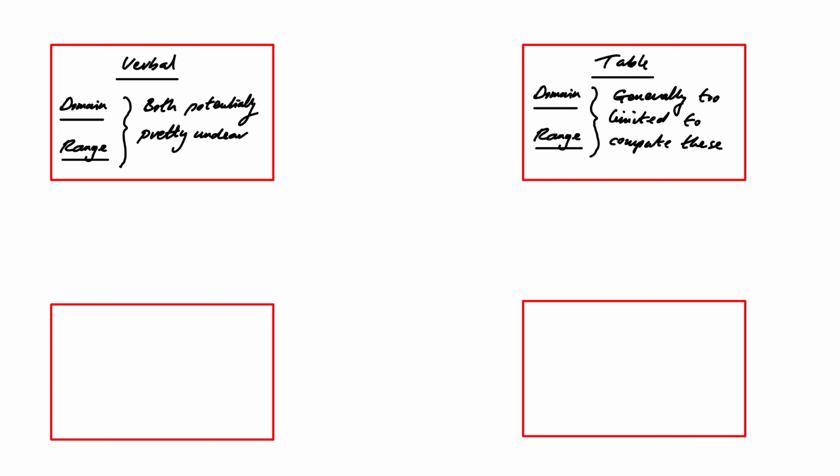Next, formula. So this is a very powerful way to do it because we have a kind of a very crisp description of what the function is doing. But again, it could be pretty challenging to determine the domains and ranges. That's pretty opaque. It might be okay, and we'll have to get practice in dealing with these, but really, more than anything else, it requires careful algebra to do these.